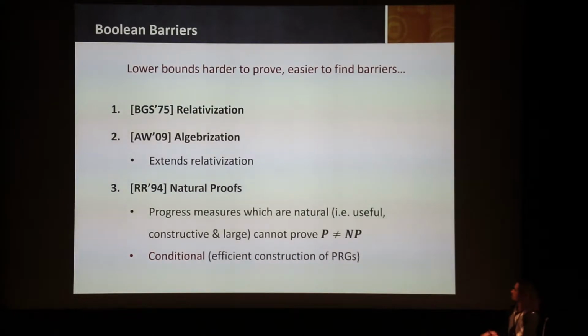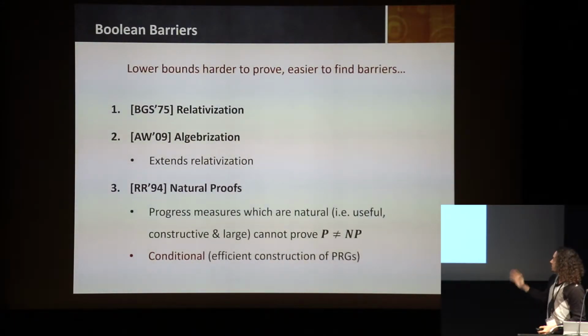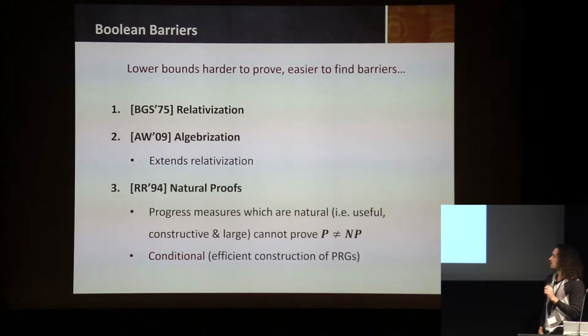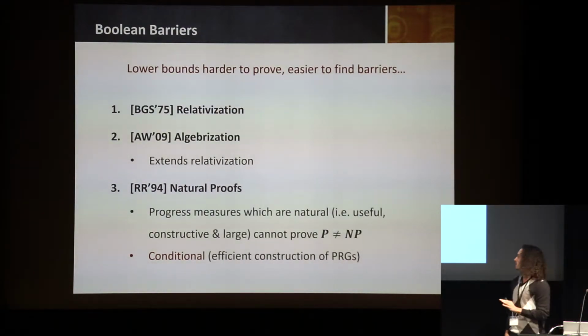They state that progress measures, similar to what we're going to do now, which are natural, cannot separate P from NP. But notice that Razborov and Rudich's natural proofs is a conditional statement.